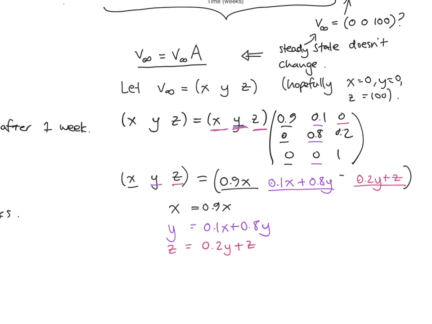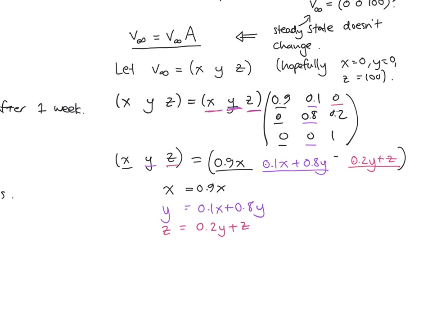So let's see what we can do with these. Well, if we have a look at this first one over here, x equal to 0.9x, that tells us that we must have x equal to 0, because there's no other solution to that. And if we plug that into our second equation, where we're putting x equal to 0, we have y is equal to 0.8y, and the only solution there is that y is equal to 0.